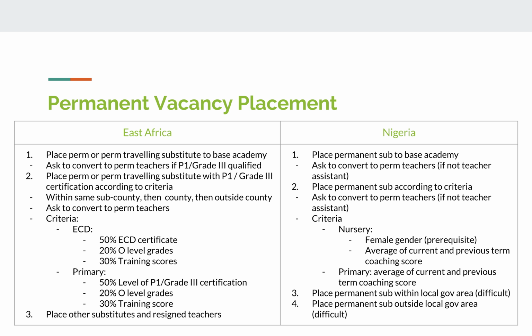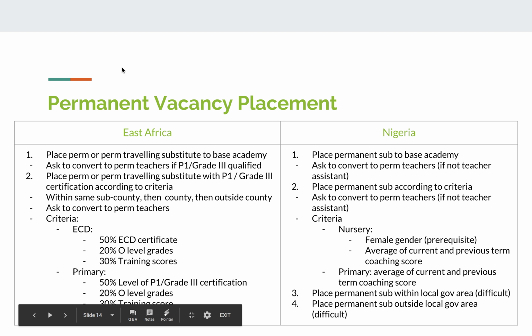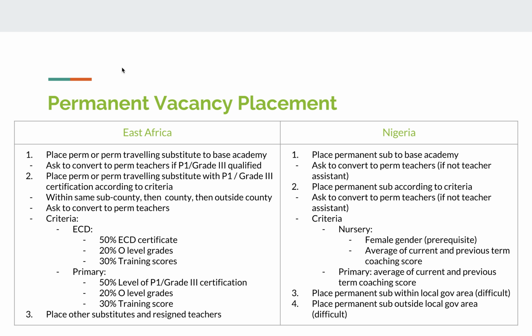We first look at all of the permanent substitutes in the same sub-county, and we rank them according to the criteria of how they would rank if they were placed in that ECT class, or in a primary class. Then we allocate the highest ranking teacher to that class, and call them to ask whether they're willing to convert to permanent teacher.